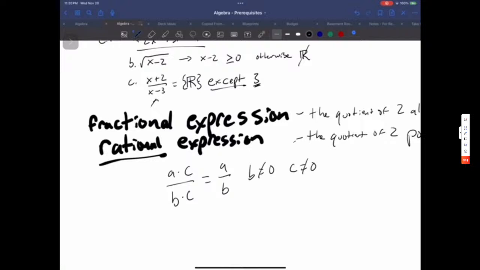The key to success in simplifying rational expressions lies in your ability to factor polynomials. That's why we went through the last section, because we're going to try and reduce these into their lowest possible form, simplified rational expressions.